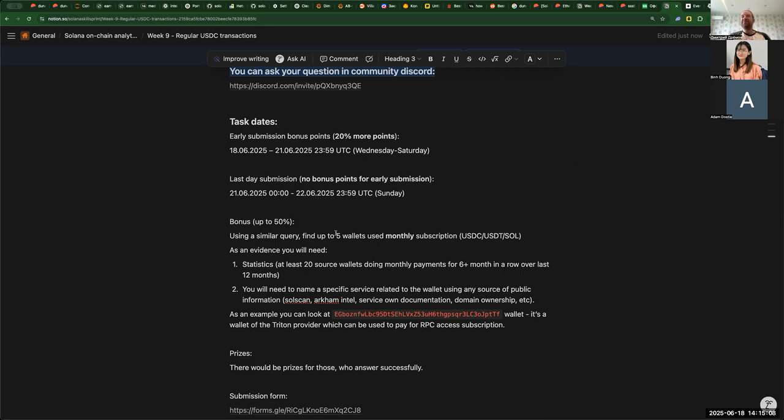We are more flexible here, in the sense that you could, for example, find wallets that are paying 2 times per month or 3 times per month, but this is going for 6 months straight during the last year, starting, for example, June 2024 and ending May 2025.